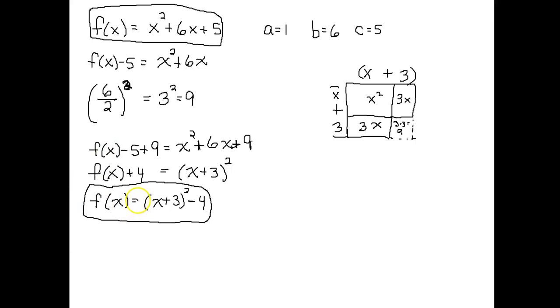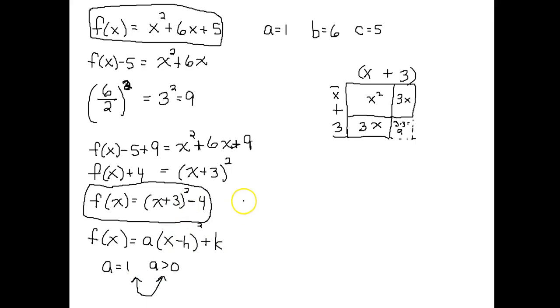The lovely thing about this new form is it reveals a lot of information about the graph. This new form fits the f of x equals a times x minus h squared plus k format, where h and k give your vertex and a tells you whether it's cupped up or down. We already know a is 1, so a is greater than 0, so it's going to hold water.